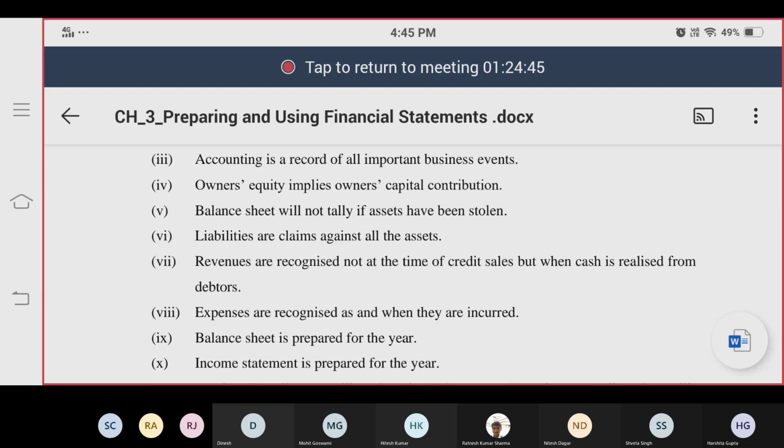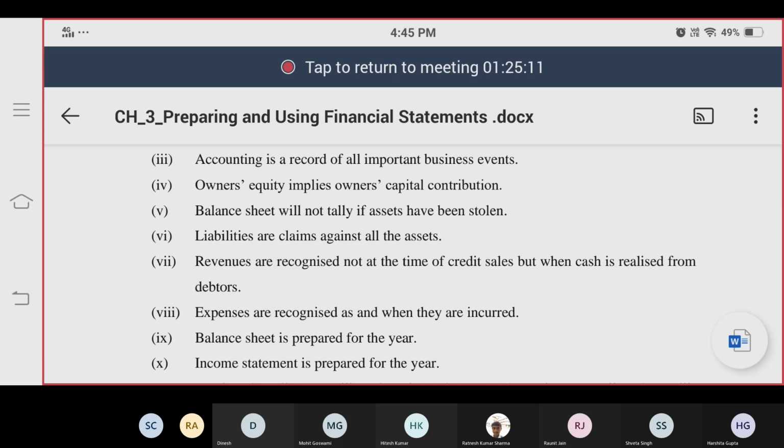So for that whole period of March, salaries have already occurred, right? We have to pay people who work for 31 days. So we'll include this salary expense because it has occurred, okay? Whether we have paid or not, it does not matter. If we have not paid, then we will show it as a current liability called salaries payable, okay?